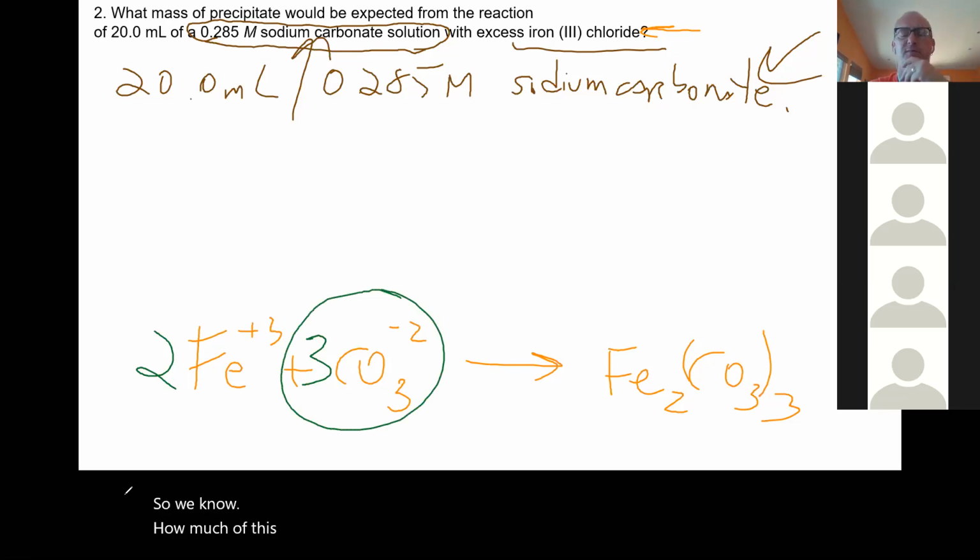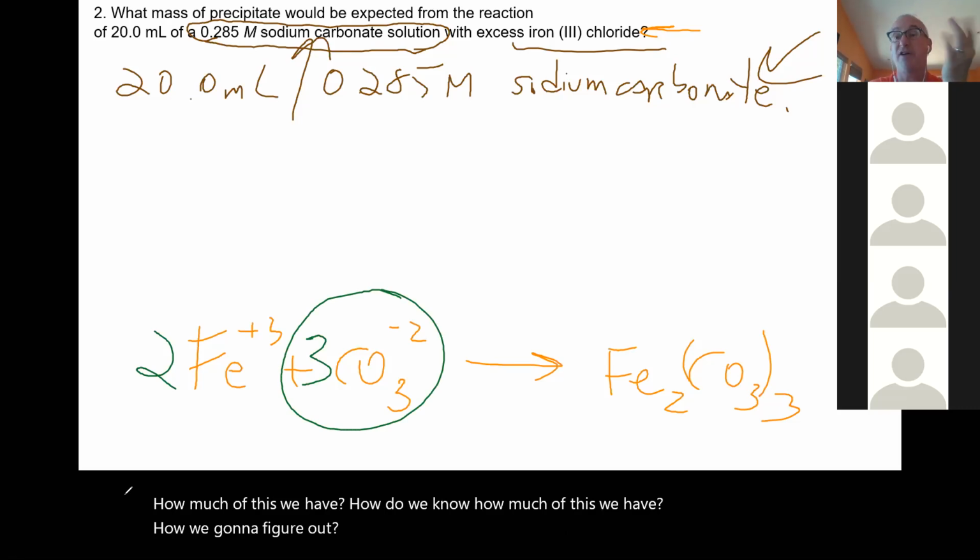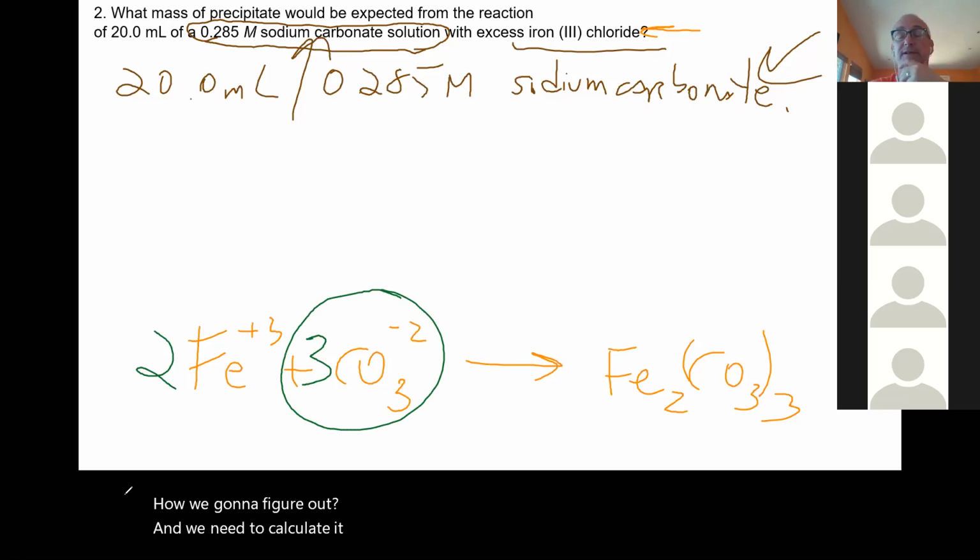How do we know how much of this we have? I mean, we need to calculate it, but we know how much there is. Is it 20 milliliters of 0.285? Yep.